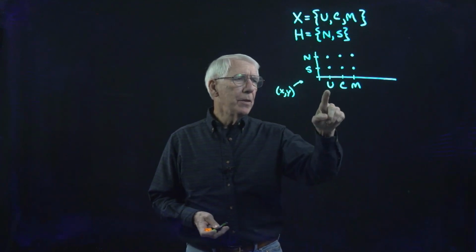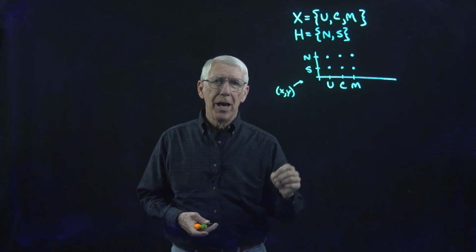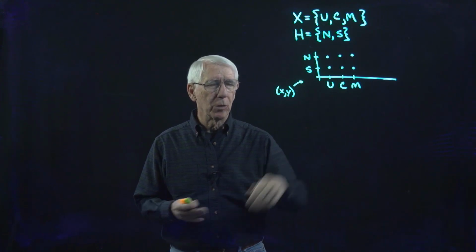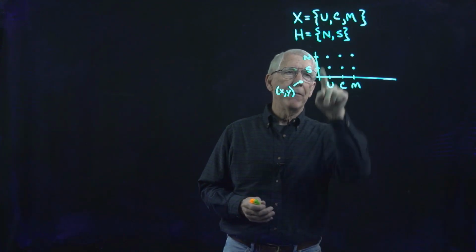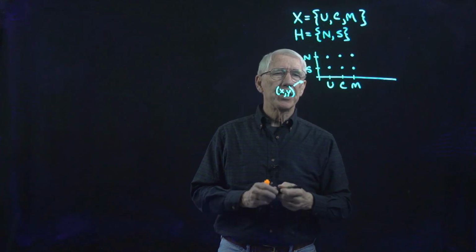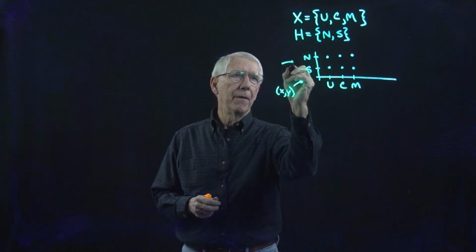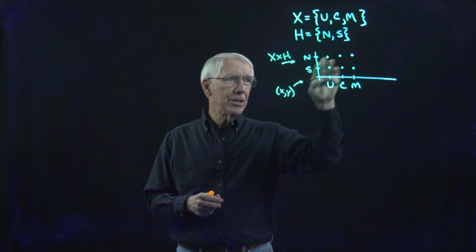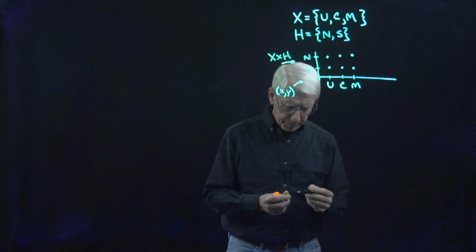And of course, these are like the dummy variables, but I don't think that's especially useful here. So I have 6 elements in the set, and let's say this is x cross h, these 6 elements here.